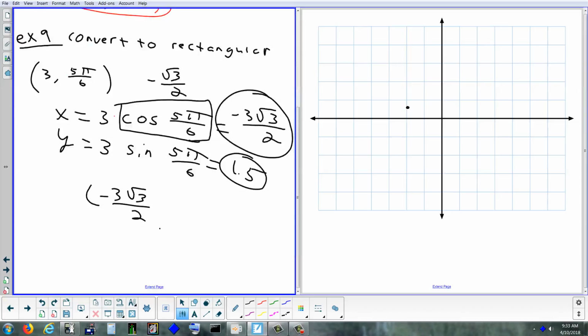Negative 3 root 3 over 2, comma, 1/2. So that's another thing that'll come up a lot in calculus. Anytime you do trig functions of angles that are multiples of 30 and 45, you're just going to write the answers with root 3s and root 2s. Okay. So that's something that's handy to memorize.